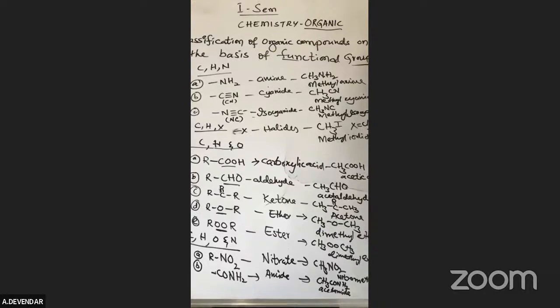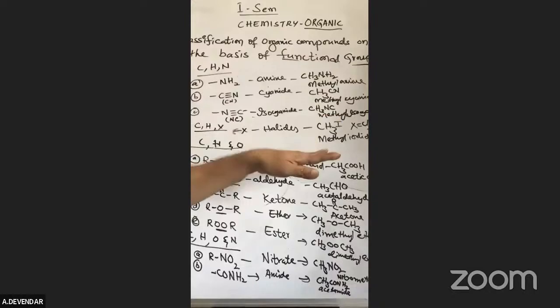From the examination point of view, almost all 7 plus 7, 14. If you write 14 examples, you will get the full 10 marks out of 10. It's nothing difficult. Just remember these important groups and write one example for each.